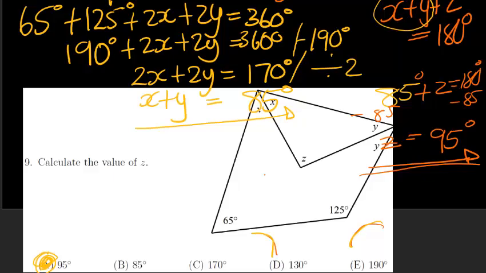Okay, next question. For how many positive integers that are greater than 10 and less than 1000 is the product of the digits equal to 6? Let's figure this out. They are saying that we are working with something that is greater than 10, and then they're saying it is less than 1000.